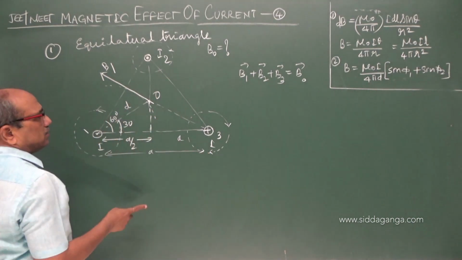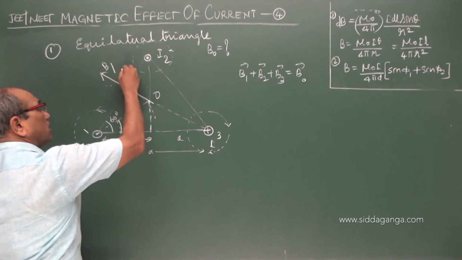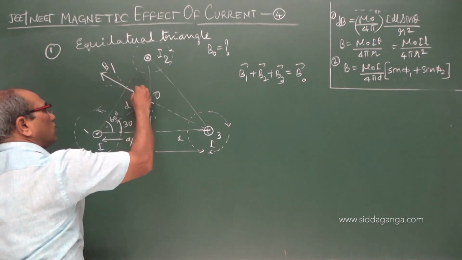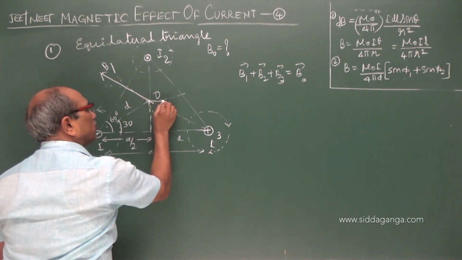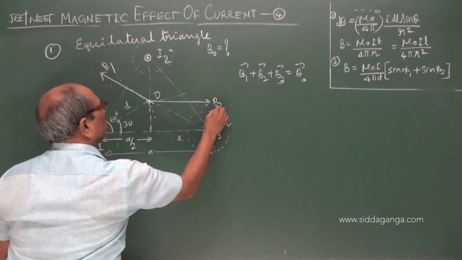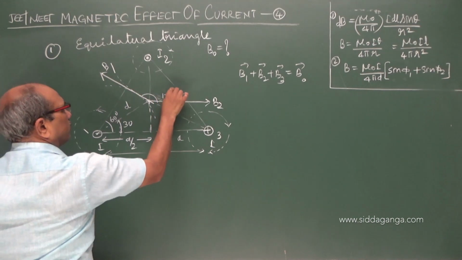The triangle is equilateral, each side of length a. Similarly, if I take the same extension of the curve, the tangent drawn will move like B2. No doubt, the angle between them is 120 degrees.